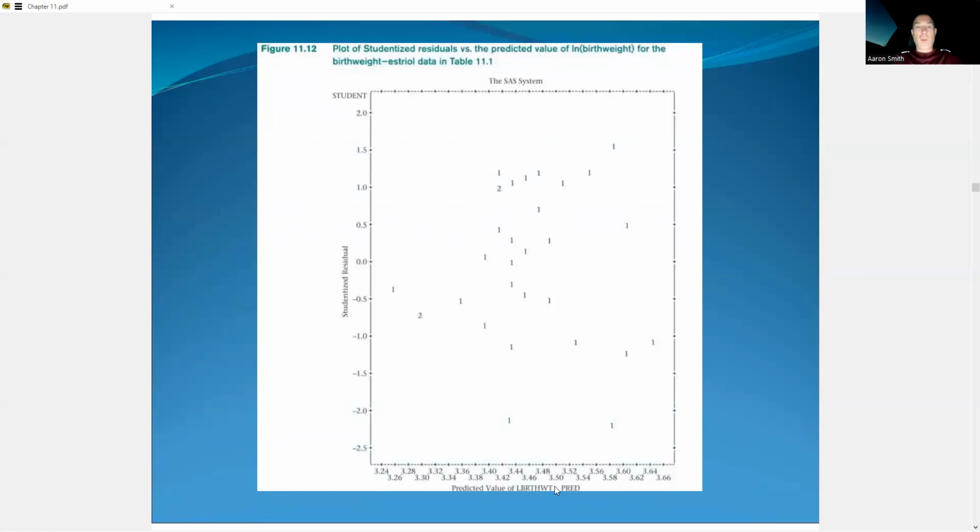All right, so here is the predicted value. Here is the studentized residual. I can interpret these values as being on a standard normal distribution. I don't see anything out too far. I'm going to have a largest and a most negative value every single time I do this.